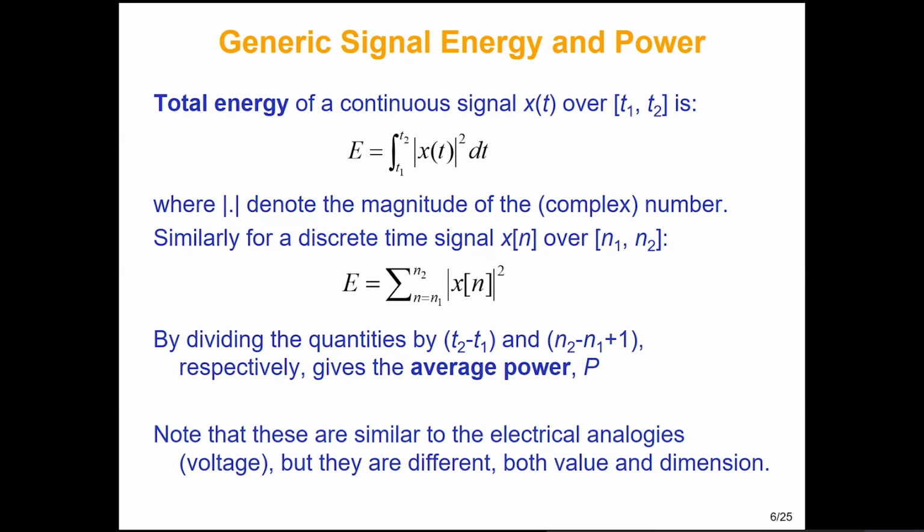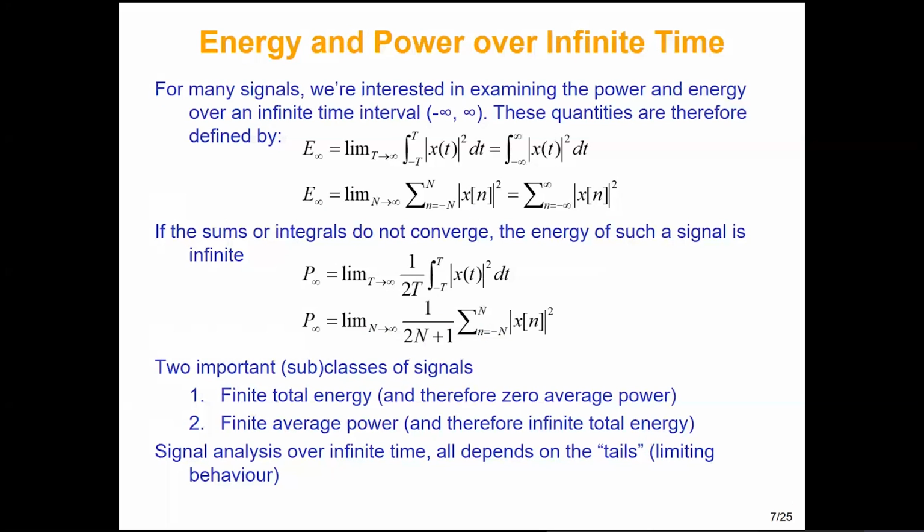But for any generic signal, the energy of a signal is the sum of the square of that signal, and the power of that signal would be that divided by the time. The average power will be the total energy divided by total time. So this was just a generic sort of thing.